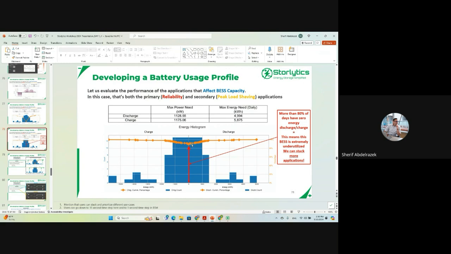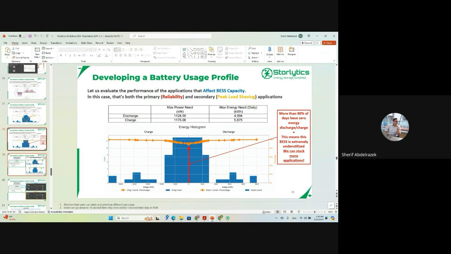That means more than 90% of the days you're just sitting there with a battery on idle, right? So even though with this battery we're doing reliability improvement and we're planning to get a non-wires alternative value by deferring upgrading the substation transformer, we're still using less than 10% of this battery system. So there's another 90% of value to be had, right?